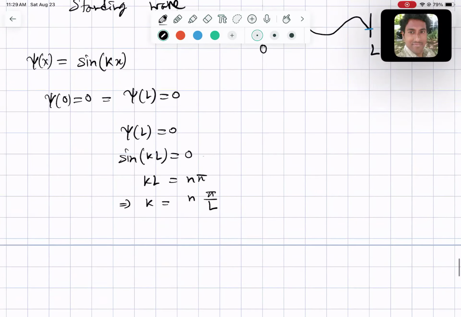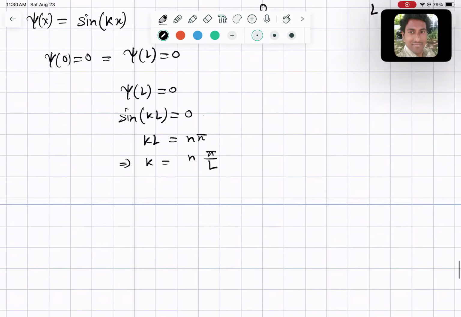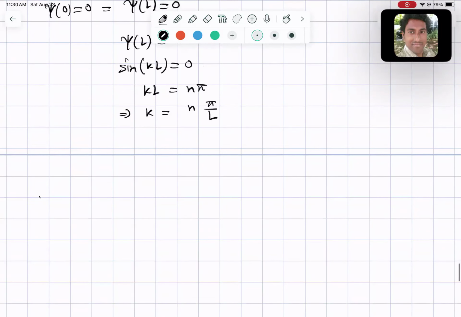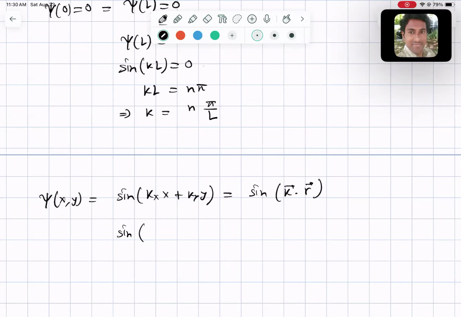And what about 2D case? If the wave is trapped in a 2D system, then psi of x comma y would be sine kxx plus kyy, or sine k vector dot x, or say r. And sine k dot r must be 0, right?